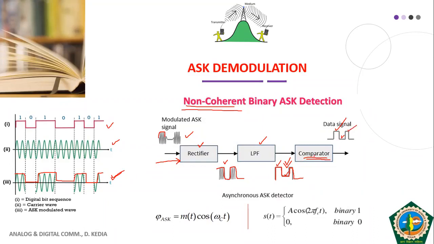So I use a comparator for comparing my received signal level with a predetermined threshold to decide whether 1 or 0 has occurred. This is how I get back my data signal.